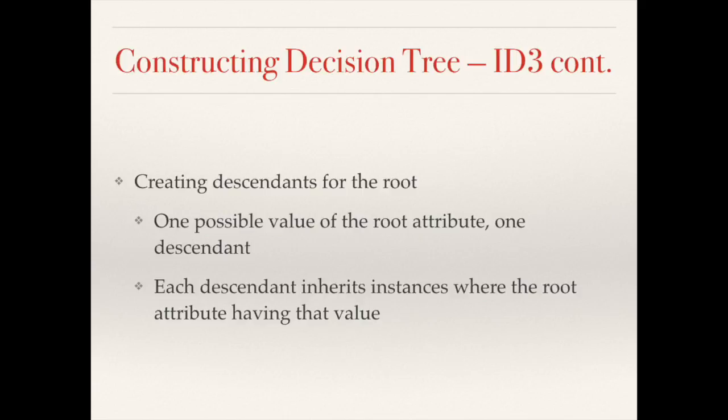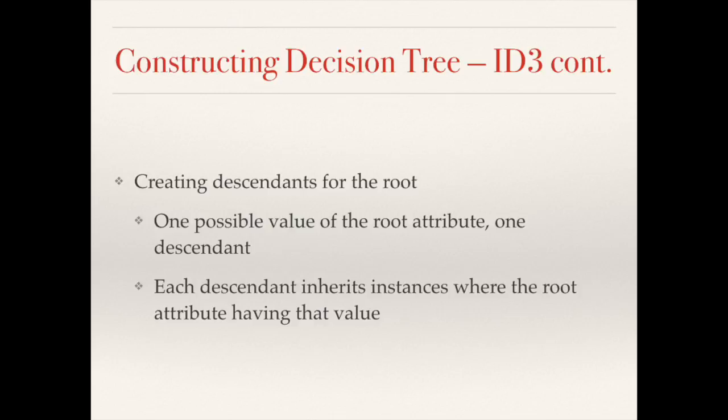the tree. After testing the attribute at the root, we can group the training data into different subsets. In each of the subsets, we create a descendant of the tree.